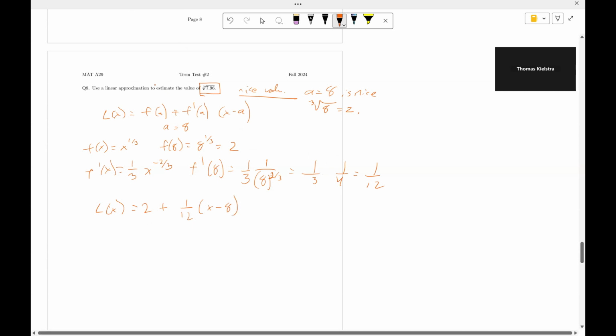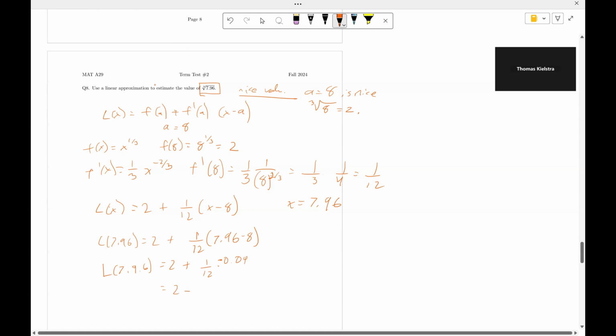And we're going to plug in x equals 7.96 for our approximation. So L of 7.96 equals 2 plus 1 over 12 times 7.96 minus 8. So this linear approximation of 7.96 is going to equal 2 plus 1 over 12 times negative 0.04.